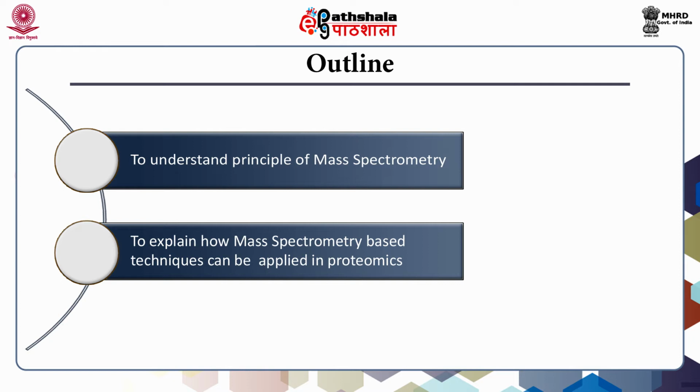When we are talking of identification and quantitation of proteins, why are we going to identify these proteins, what for? We have a biological mixture of samples, there may be hundreds of proteins and we do not know what they are. These days in clinical proteomics, we are talking of many terms, like first of all identifying the protein, second thing is discovery of biomarkers.